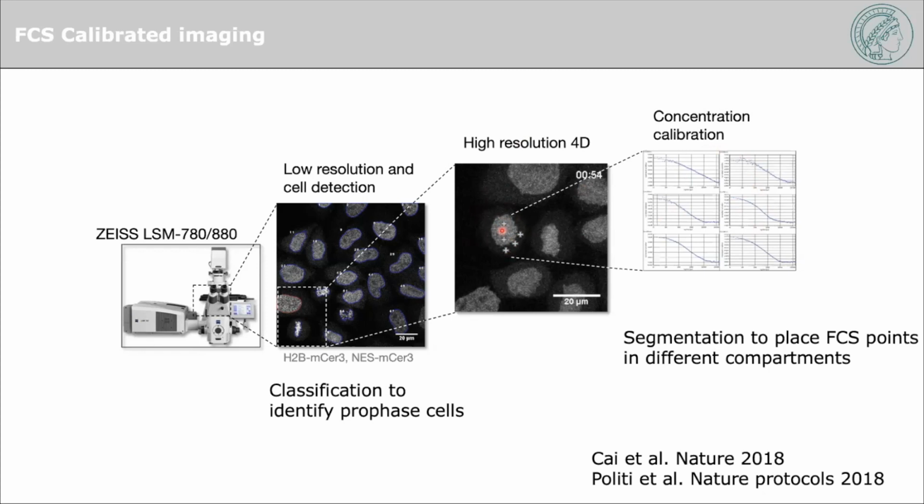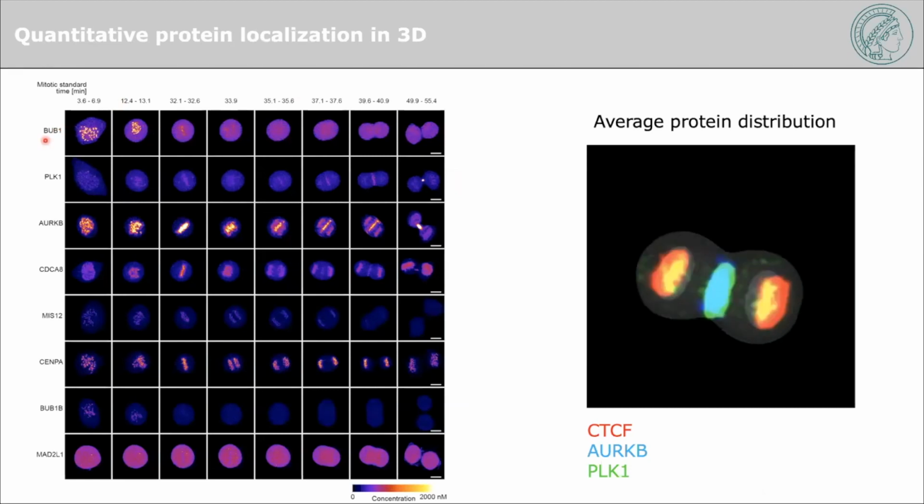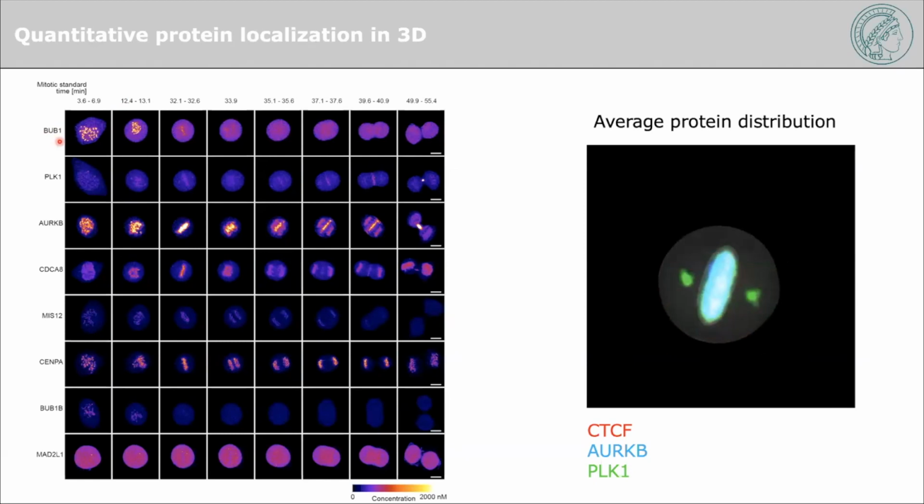So we were able to do this for many cells that have been endogenously tagged with fluorescent protein, to acquire data in a very standardized way throughout cell divisions, from prophase up to late anaphase, and have this in a quantitative way.